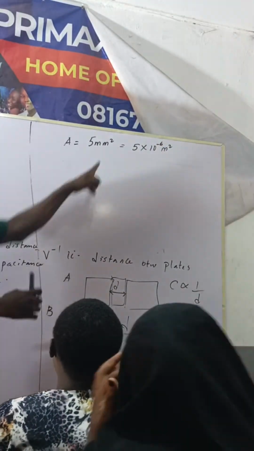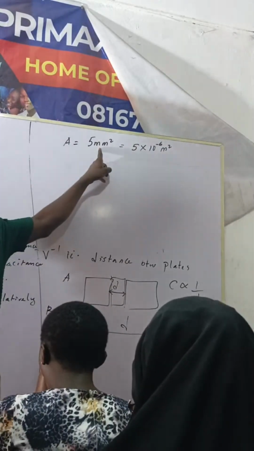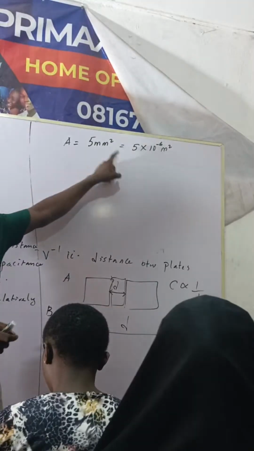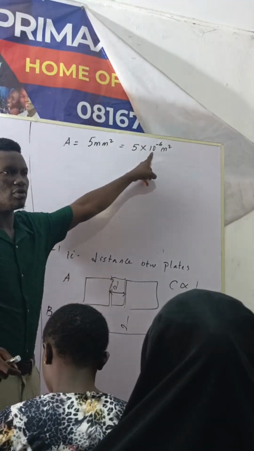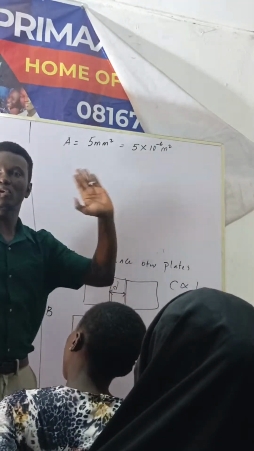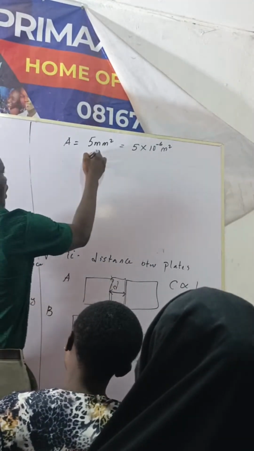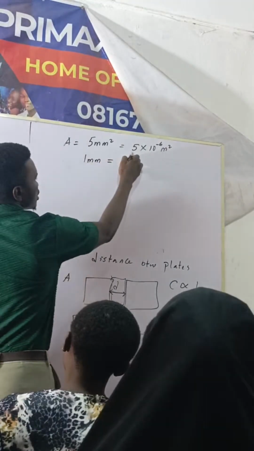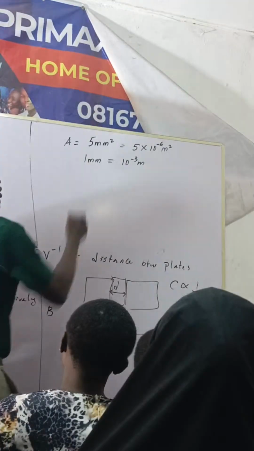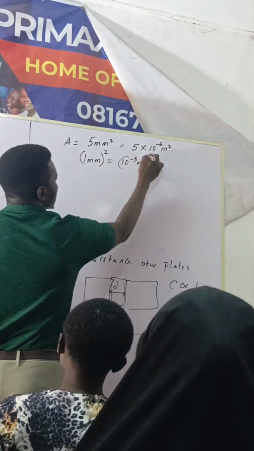You converted the milli, which is 10 raised power minus 3. But you know the square affects both of them. So that milli, you now square it. Then that gives you 10 raised power minus 6. That's the conversion. But if you don't know, you can also do it this way. 1 millimeter gives us 10 raised power minus 3 meter. Then square both sides.